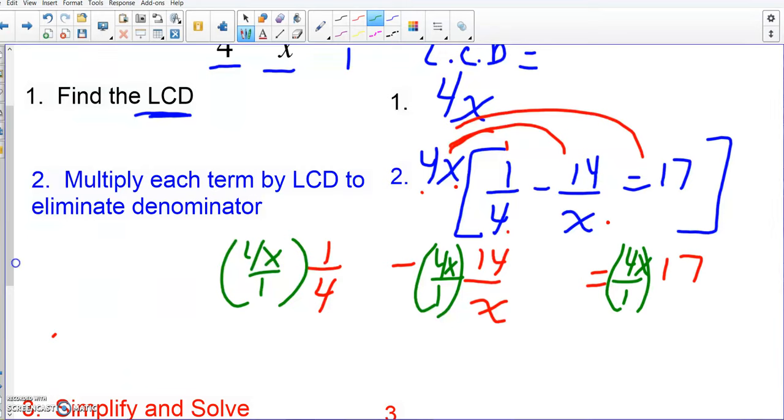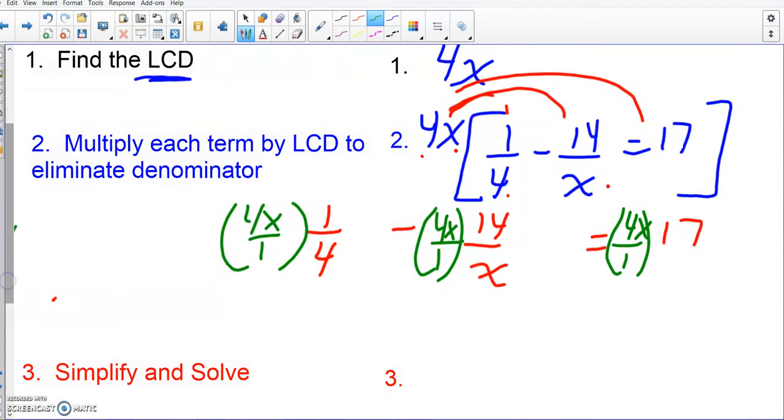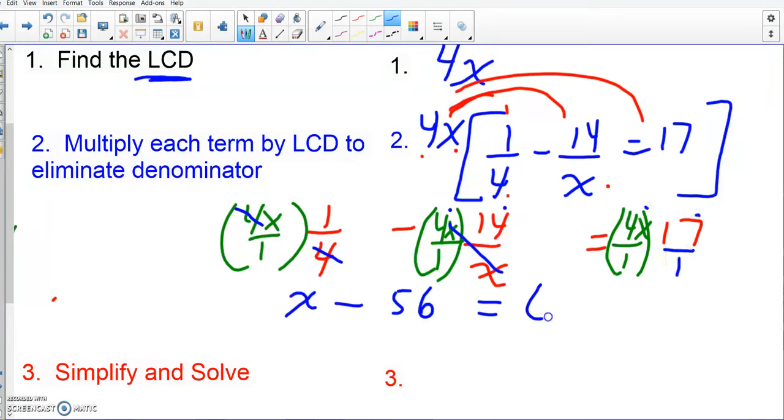So if we go through each term individually here, if we do 4x times 1/4, the 4's cancel out and we end up with just x, or x over 1, minus. Multiply 4x times 14 over x, the x's cross out, and we're left with 4 times 14, or 56, equals. Now here, nothing crosses out, so we're left with 4x times 17, which would get us 68x.